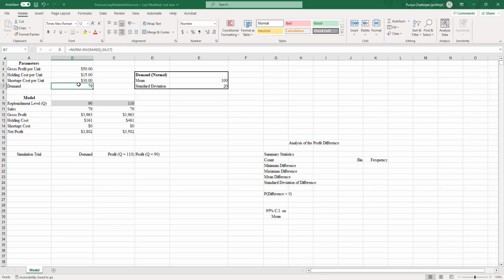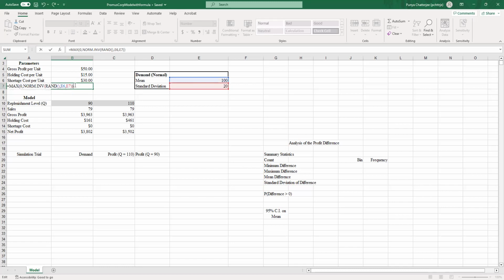Now, one thing you need to do while drawing a normal distribution for demand is make sure that your demand is not negative. If you think about a normal distribution, the range can go from positive infinity to negative infinity, which means that ideally this number can be negative, but you don't want that, because a negative demand doesn't mean anything. To prevent that, you are going to use the MAX function and take the maximum of 0 and this normal random variable.